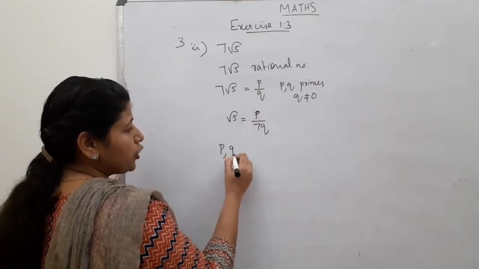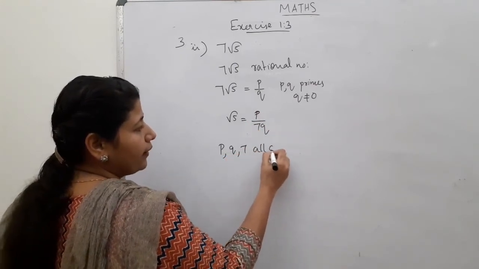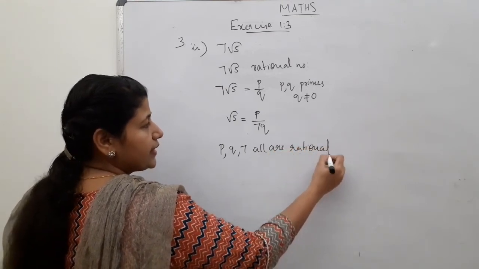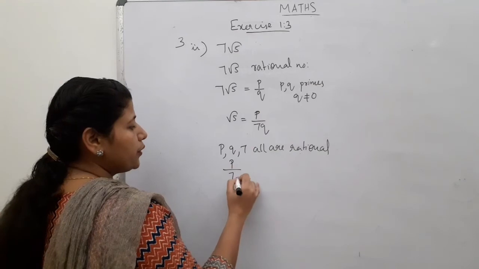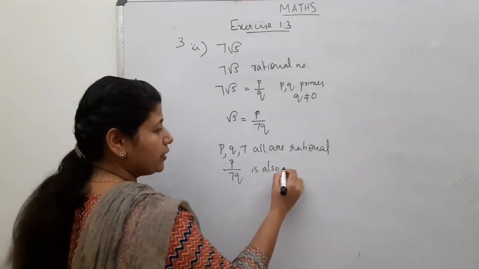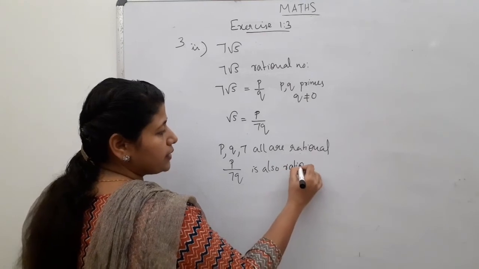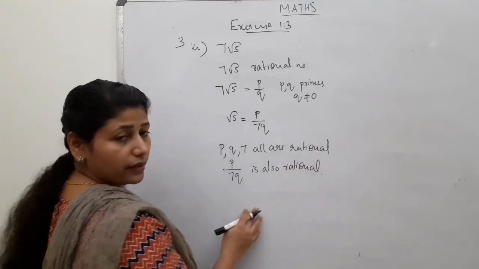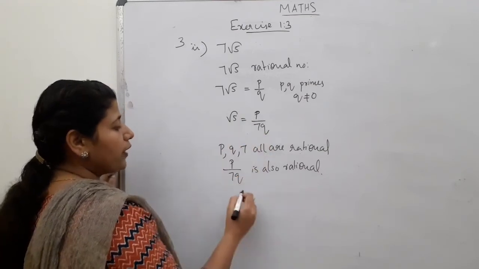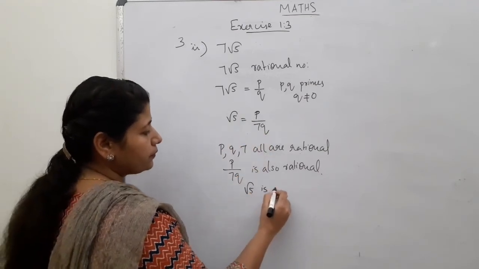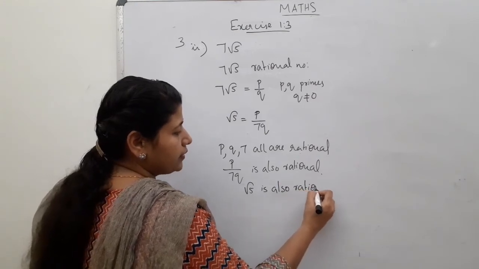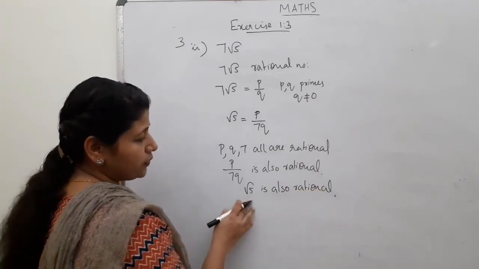Since P, Q, 7 all are rational, what we can say is this P by 7Q is also rational. All these numbers are rational, so their operations must be rational. So we can say that root 5 is also rational.